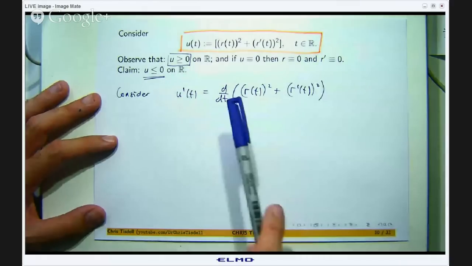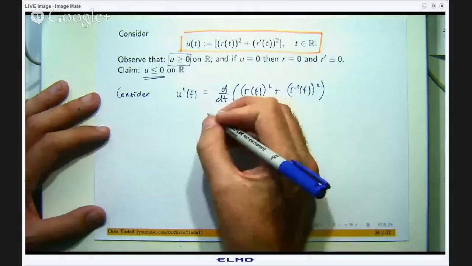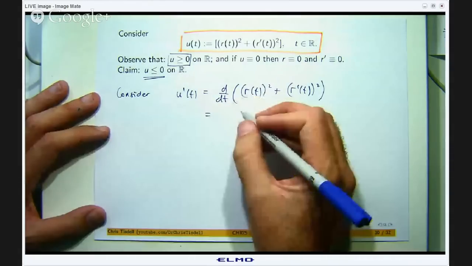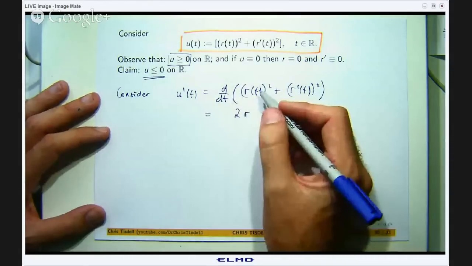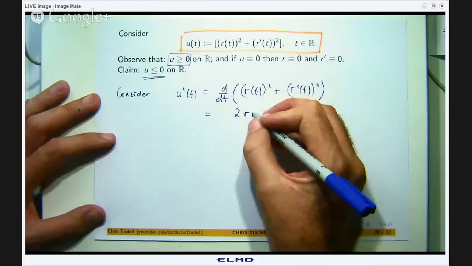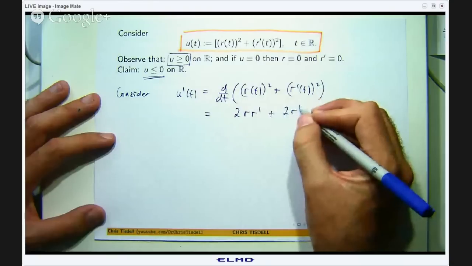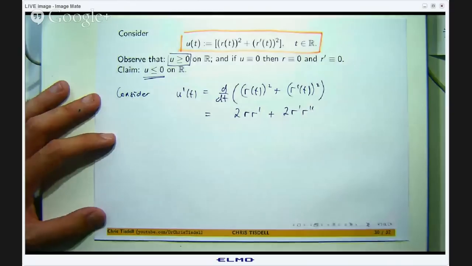Okay, so I'm differentiating products here, and I can either use the product rule or the chain rule, and essentially I'll get the following. Now I'm going to drop the argument of t off just to save a little bit of space. Okay, so this is what I get.